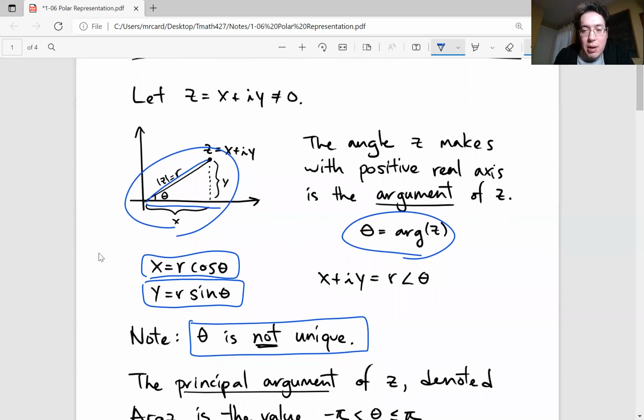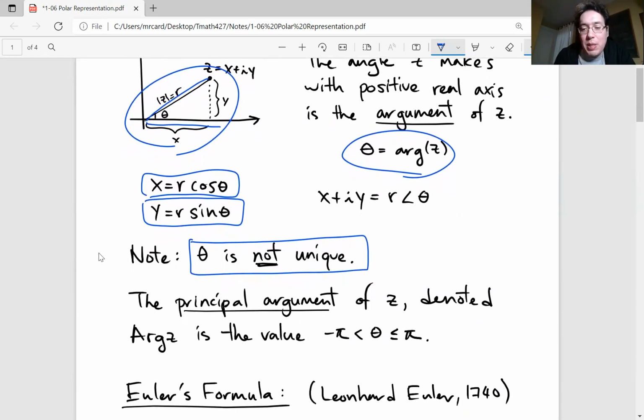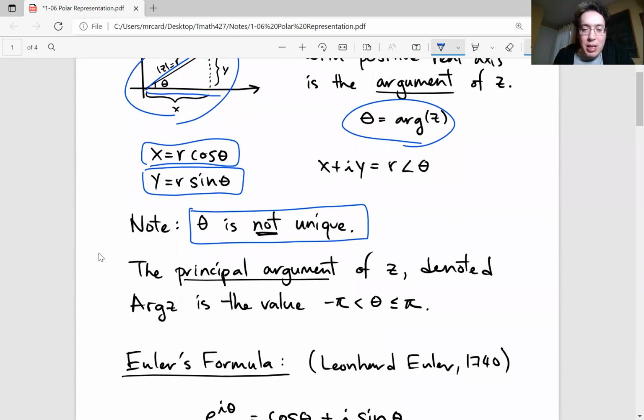Okay, this idea of multiple possible angles is annoying. So sometimes we want to fix a particular angle. There's really no reason to pick one angle over the other, but let's just try to make it a smaller number as possible, or close to zero as possible.